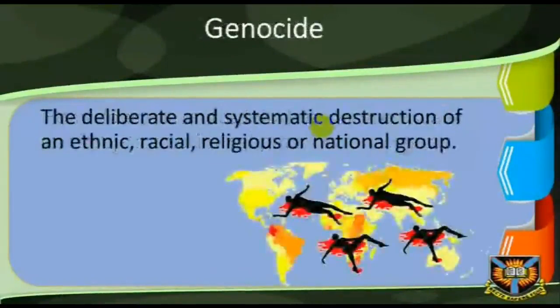Genocide. Genocide is the deliberate and systematic destruction of an ethnic, racial, religious, or national group.